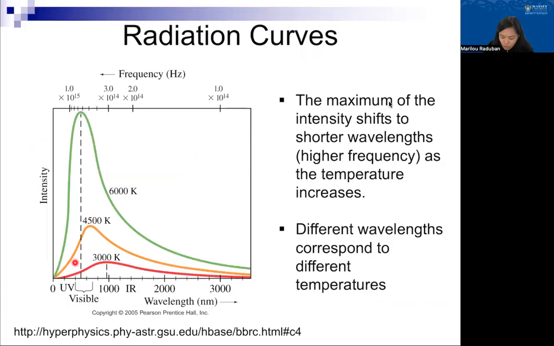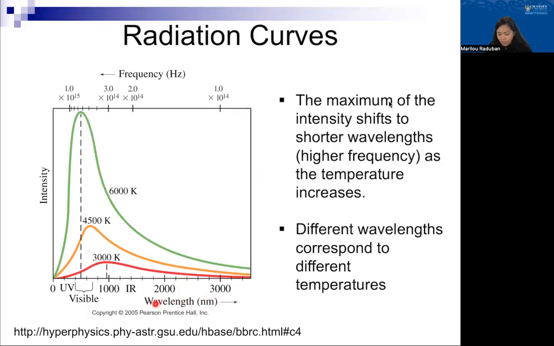These are examples of radiation curves. The green, orange, and red curves in this graph are the radiation curves. They tell us the intensity, which is essentially the amount of radiation, so how intense the radiation is, and then the x-axis is what we call wavelength.